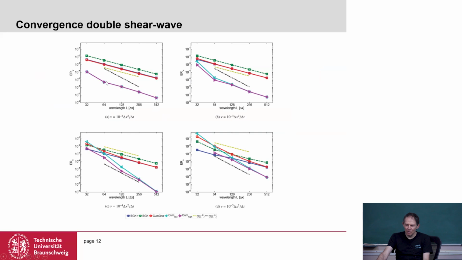what is the error. So I just go through a few of them. Yes. So the cumulant method is the one down here. So these are different viscosities. And we have an error that we measure in viscosity, and here we increase the resolution, so the error is obviously going down.